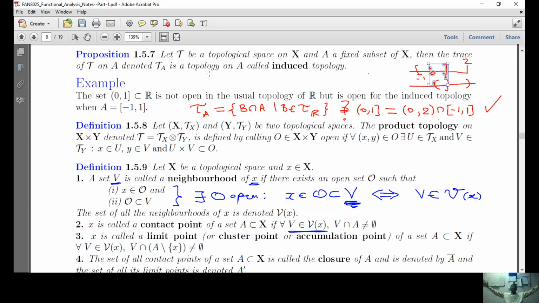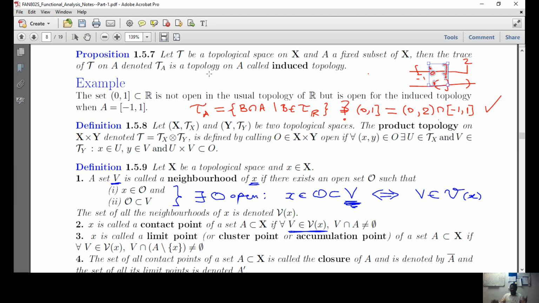You take something that exists, you restrict it to something smaller. Something that exists can induce something new. So to talk about an induced topology, you first have to have a topology, and then you can restrict it to a smaller space or set. Then it becomes the induced topology.